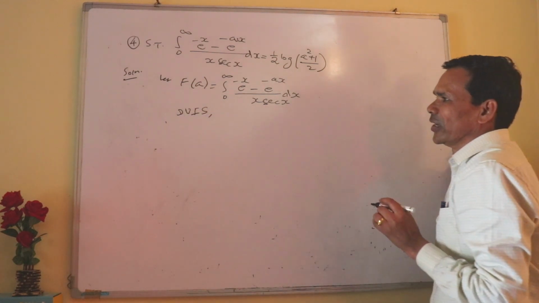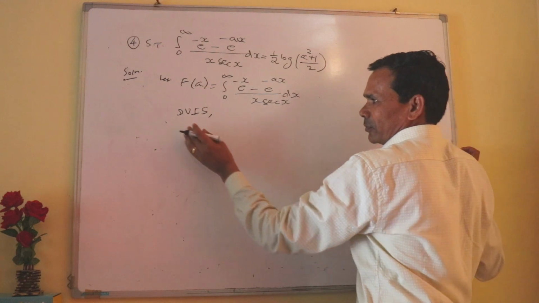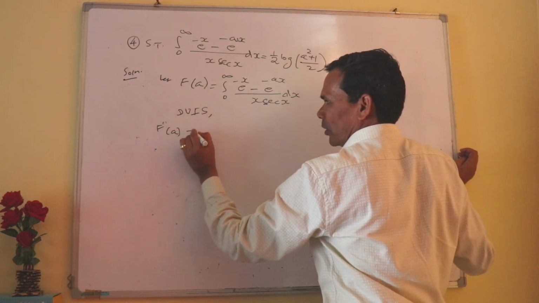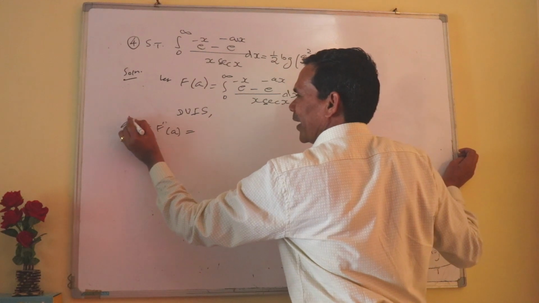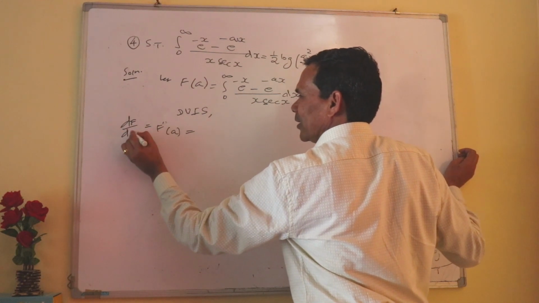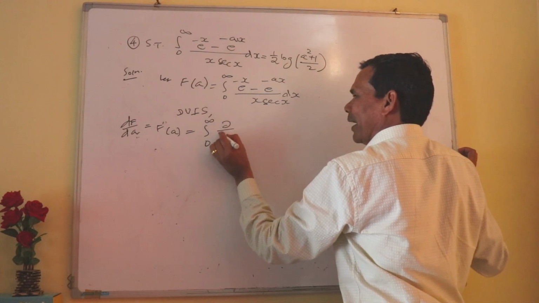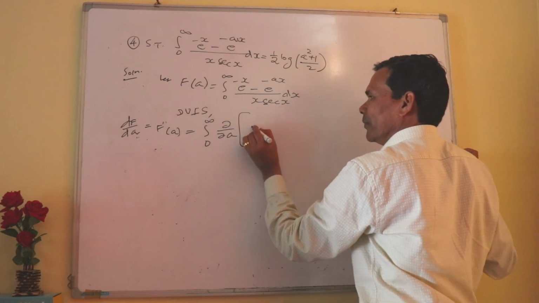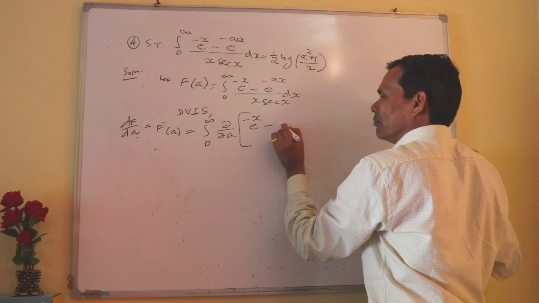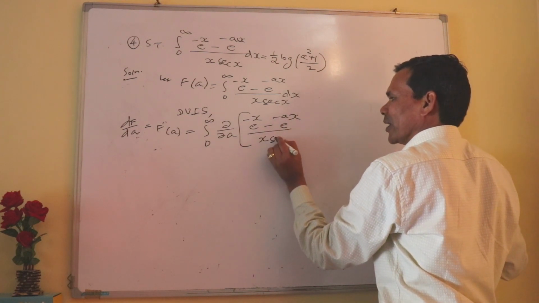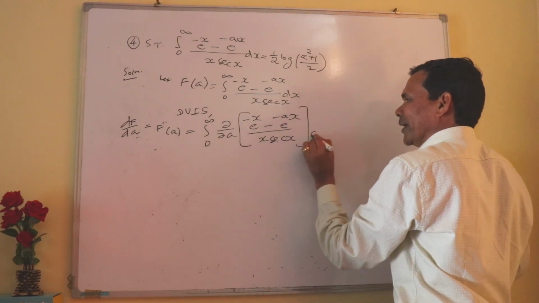DUIS means differentiation under integral sign. So f dash a by the rule, or df by dA also you can write, that is the total derivative, here partial derivative, ∂/∂a of (e raised to minus x minus e raised to minus ax) upon x sec x into dx.